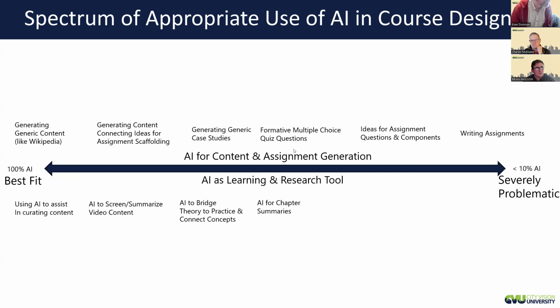So, okay, this is kind of a big summary. The spectrum of appropriate use of AI in course design, from best fit to severely problematic. So, generating generic content like Wikipedia. I'll use an example from another course that I was working on.